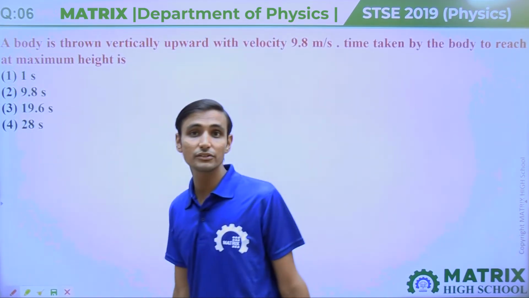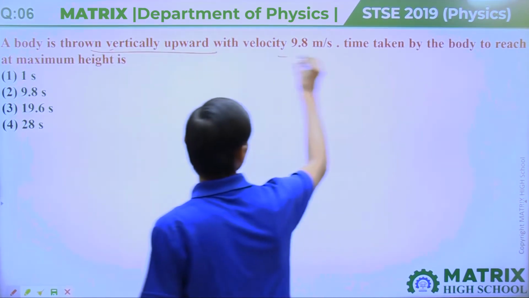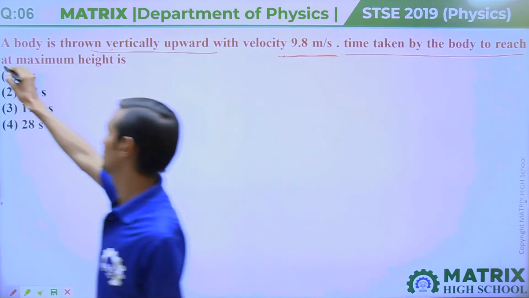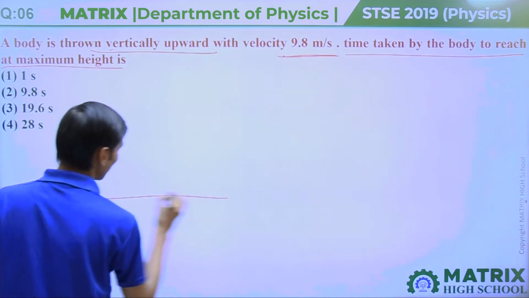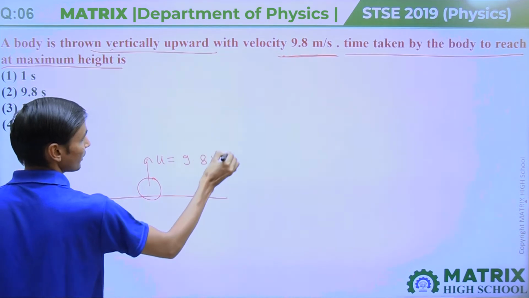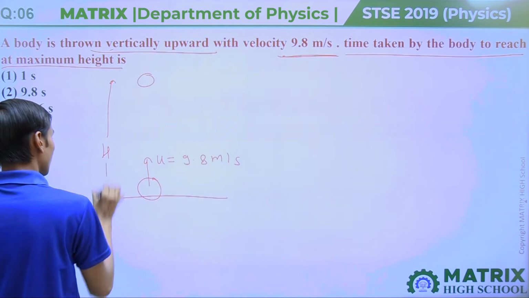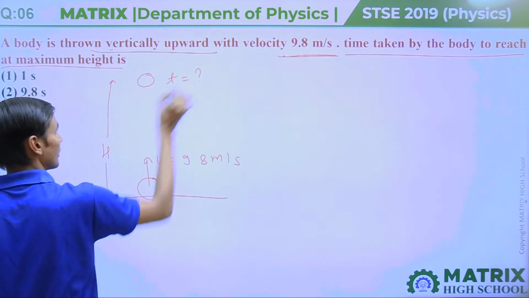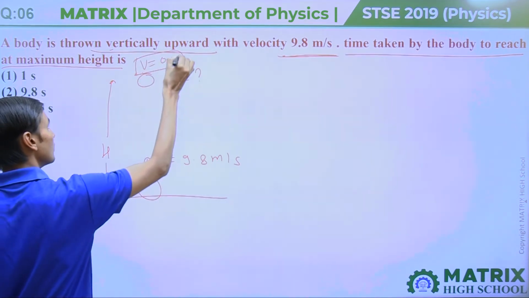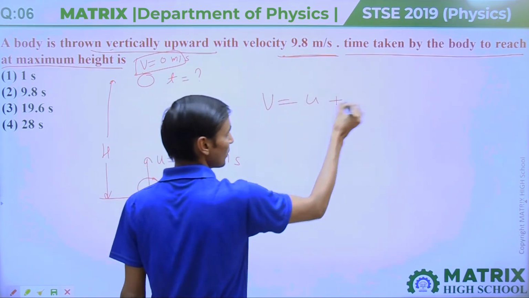Next, question number 6. A body is thrown vertically upward with velocity 9.8 meter per second. What is the time taken by the body to reach maximum height? A body is thrown from the ground with speed u equal to 9.8 meter per second. At maximum height the velocity will become 0 meter per second, and we know v equals u plus at.